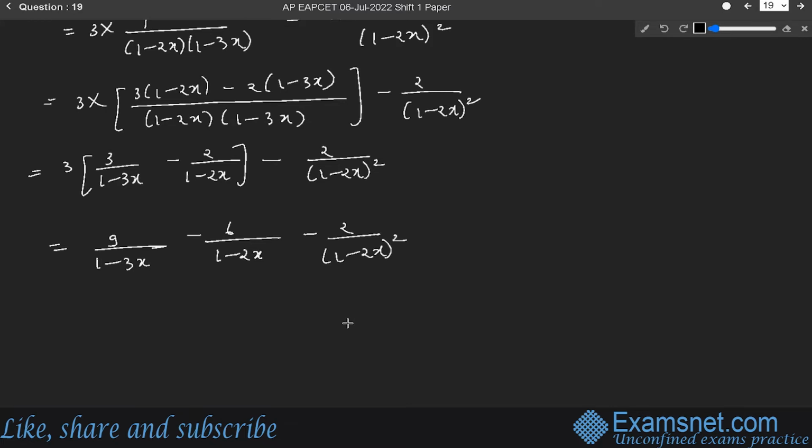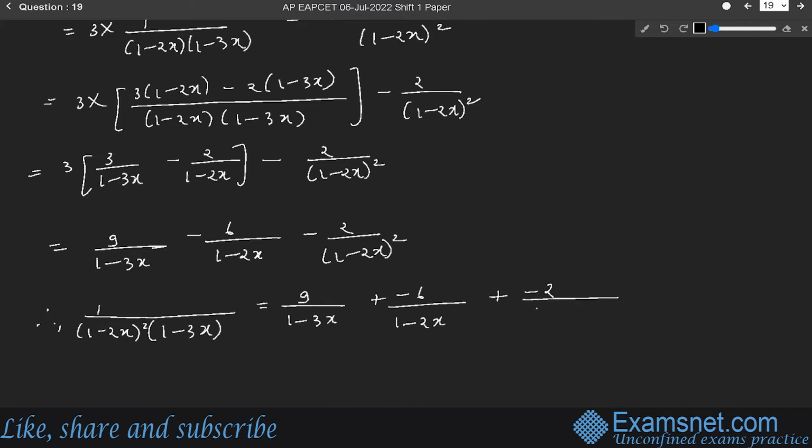Therefore, we can say that 1 upon 1 minus 2x whole square into 1 minus 3x is equal to 9 upon 1 minus 3x plus minus of 6 upon 1 minus 2x plus minus of 2 upon 1 minus 2x whole square.